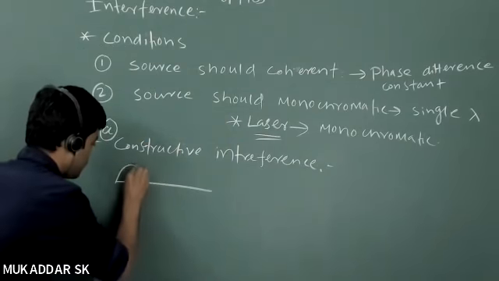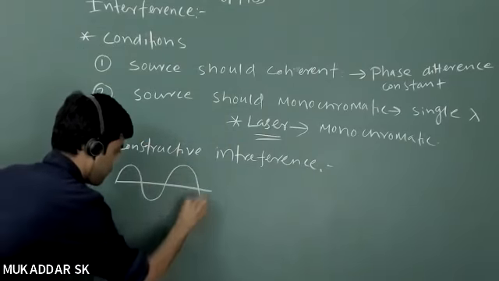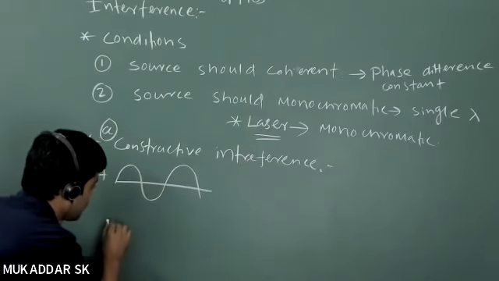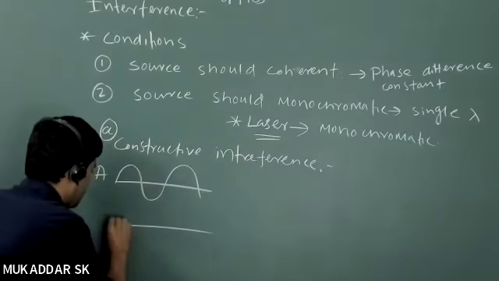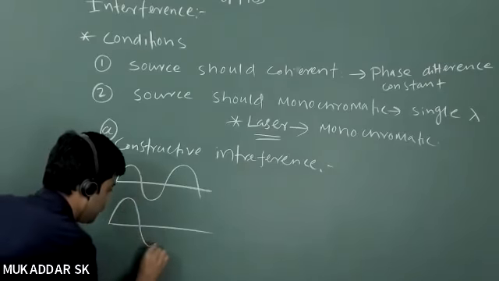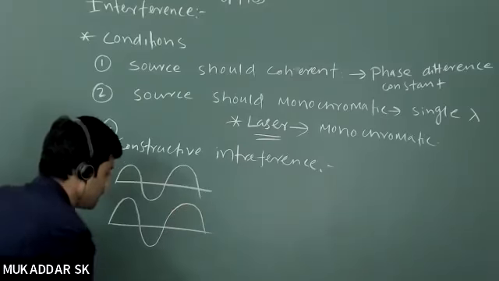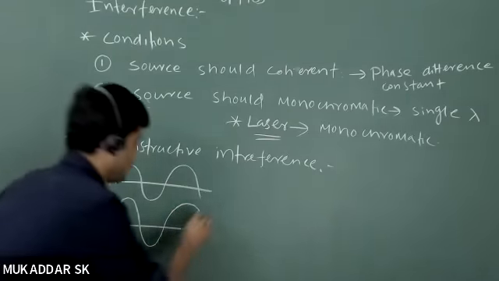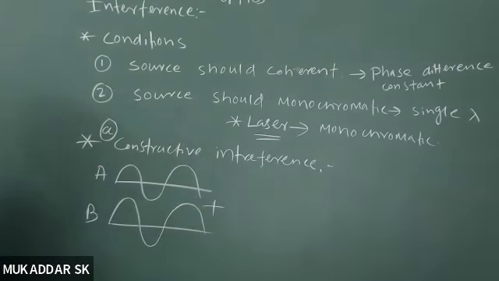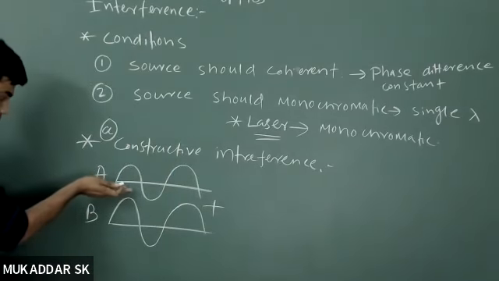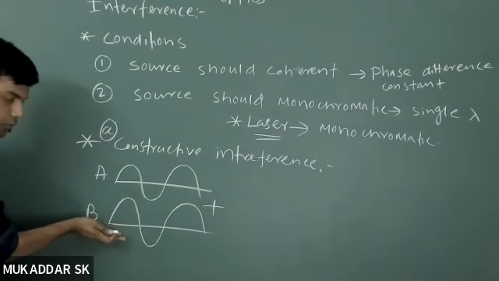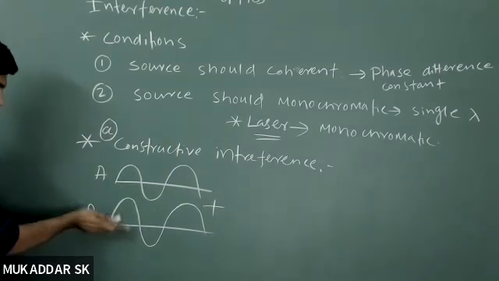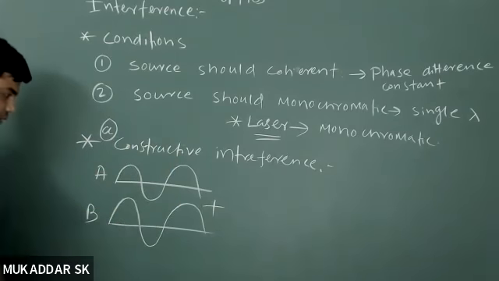Suppose you have a wave A, okay, this is your wave A, and you have another wave, that is your wave B, and they are superimposed. So wave A is superimposed with wave B. Okay, and you can see they are actually in the same phase, right?